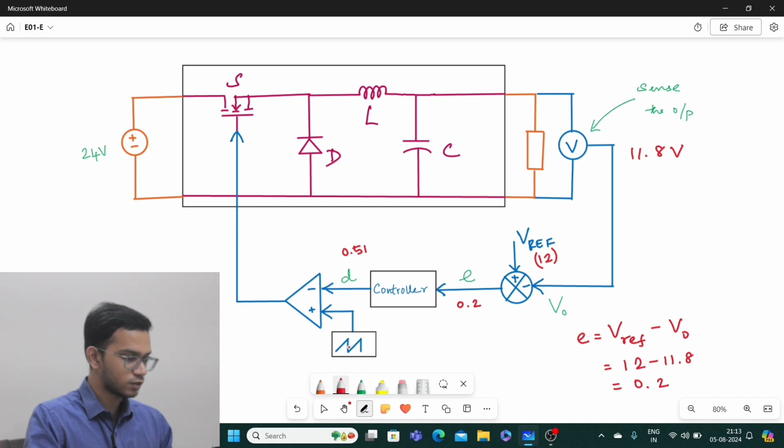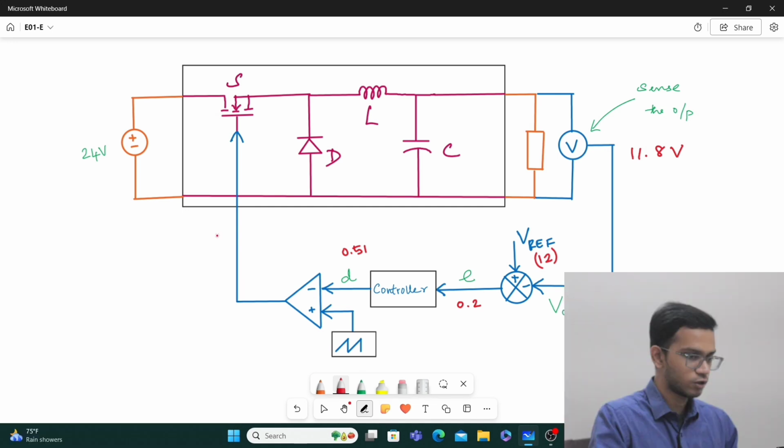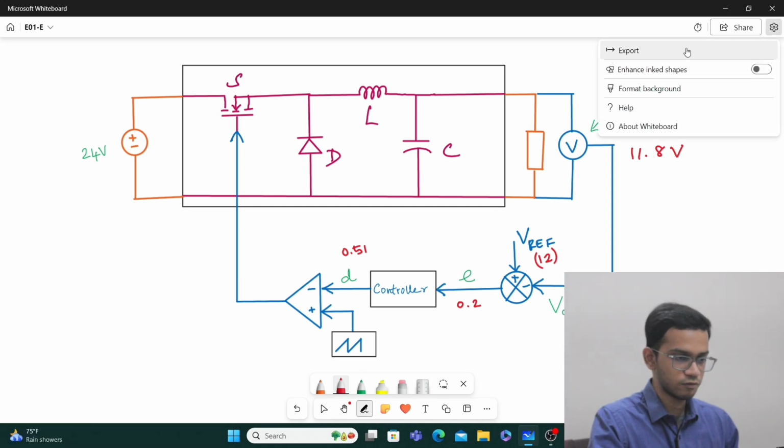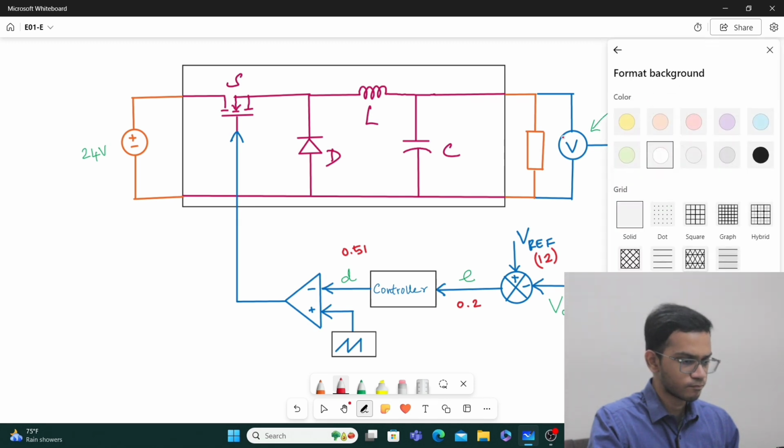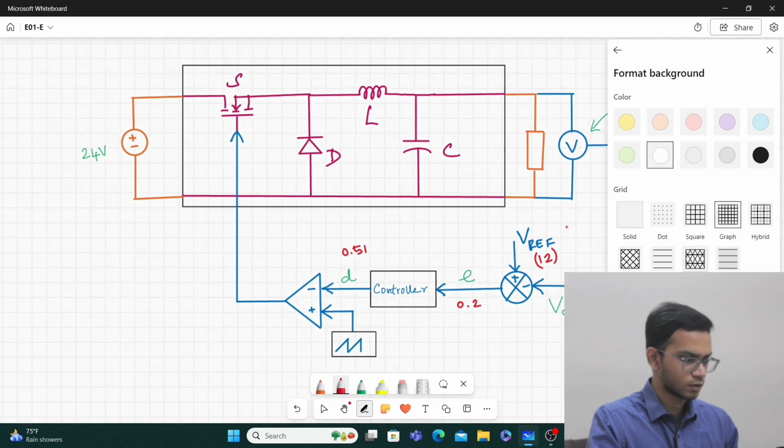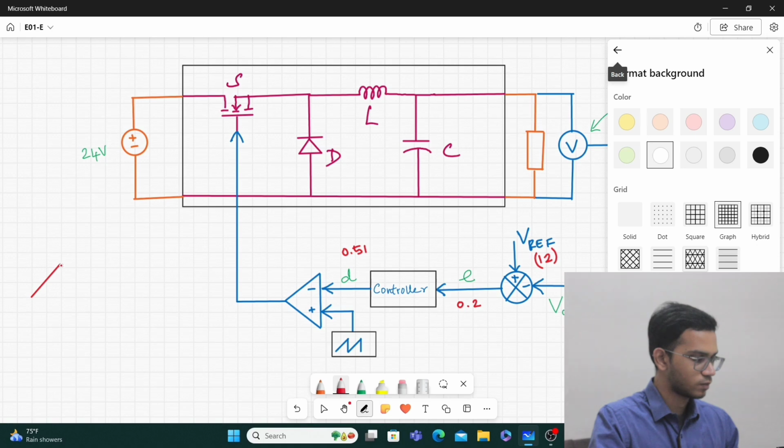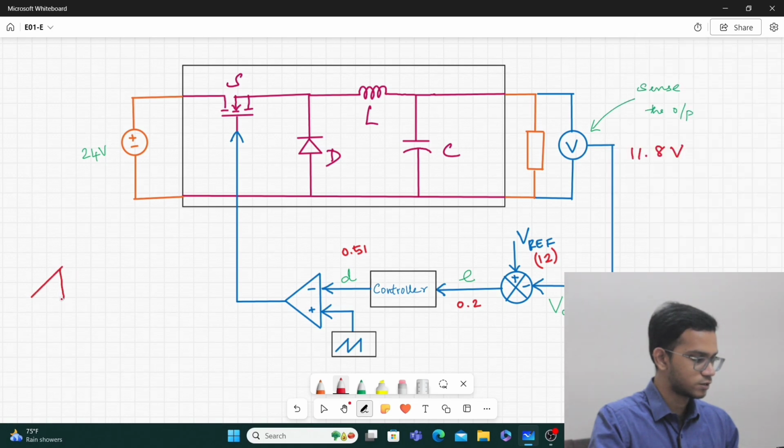Now here this sawtooth will produce, let me open the graphical way for representing it better. Yeah. Now this sawtooth initially was varying between 0 and 1 like this. This is 0 and this level is 1.